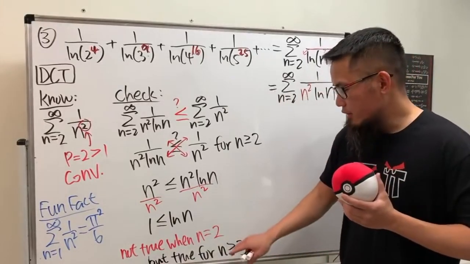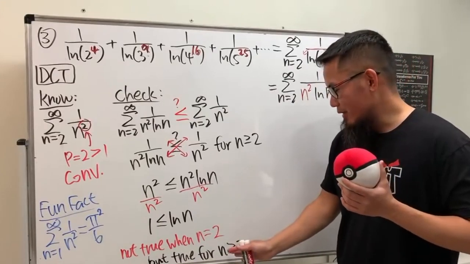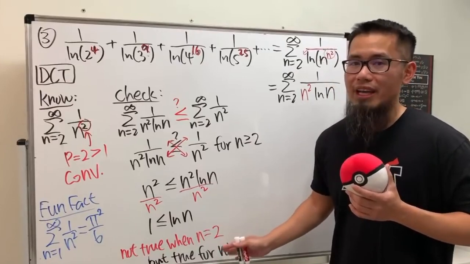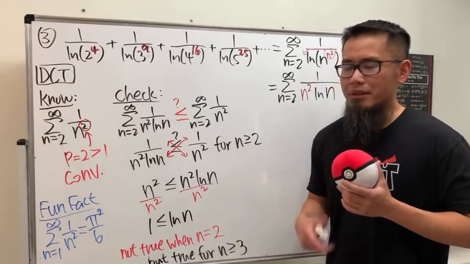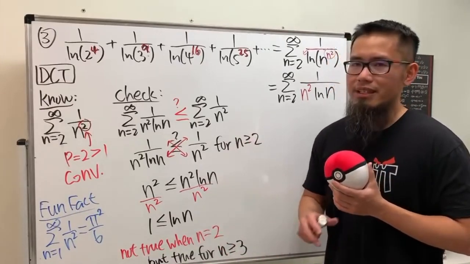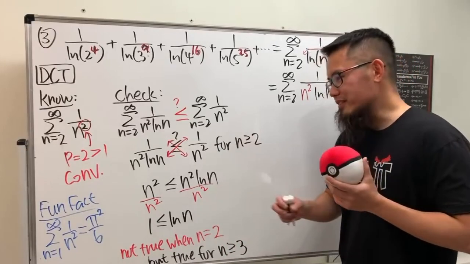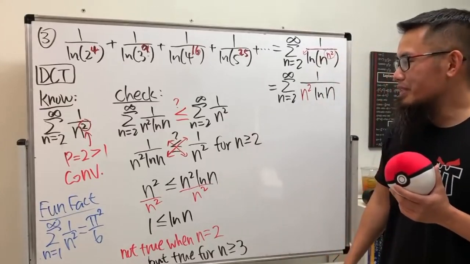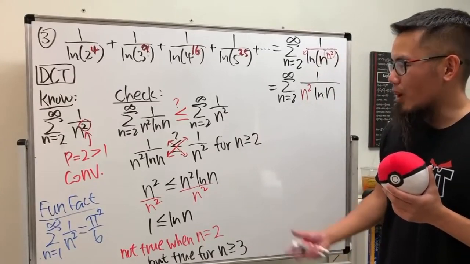As long as it's true for n greater than or equal to some value, this is actually okay. So if the first number doesn't work, this right here is still okay. That's one of the things that's really hard to grasp, and usually I don't like to assign this kind of problem.